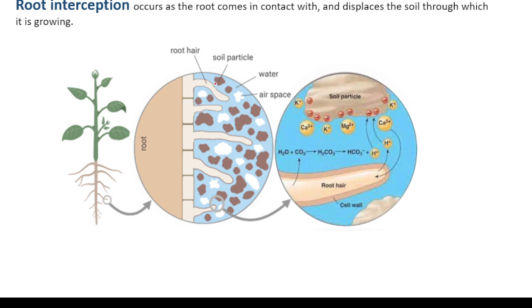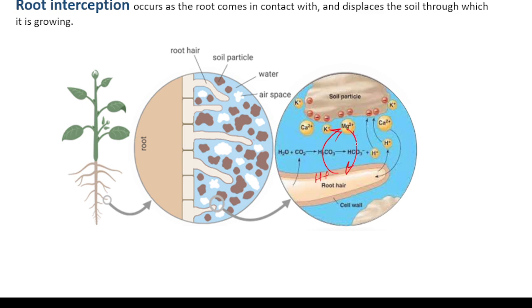Now root interception. Root interception means there is some nutrient on the clay surface. One nutrient can come to the root, and from the root one nutrient can go out. Generally, the root produces hydrogen ions.